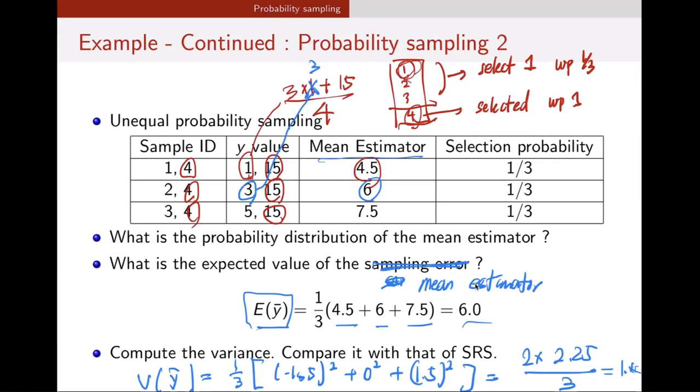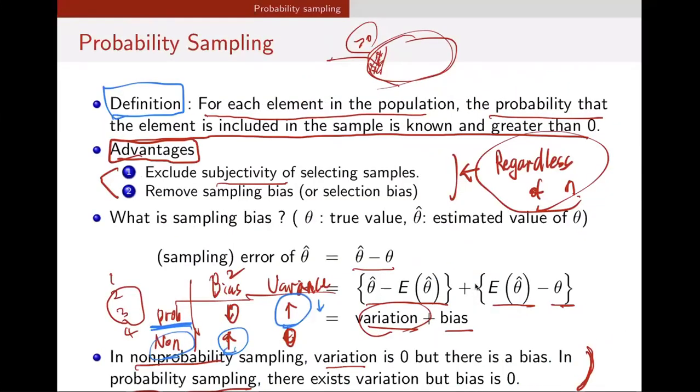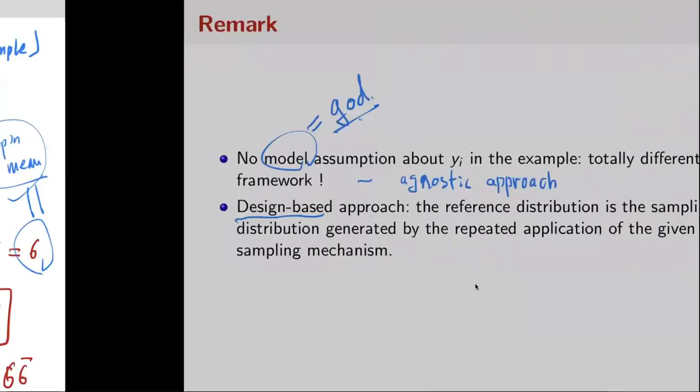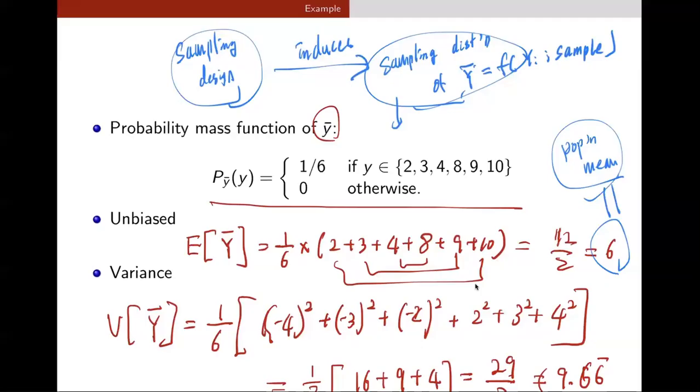Remember, 4.5, 1.5 or something, right? Okay, which is much smaller. So if you compare this variance with this number, 9.66, which one is smaller?